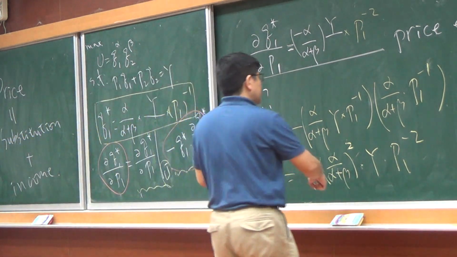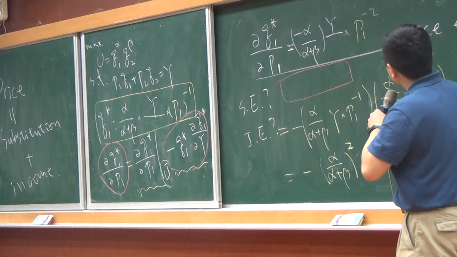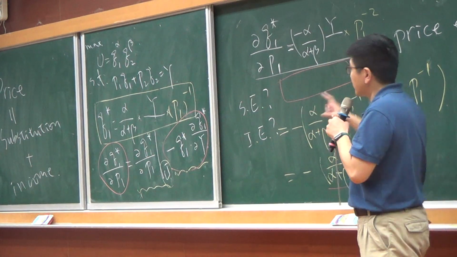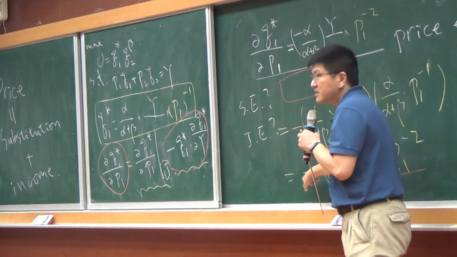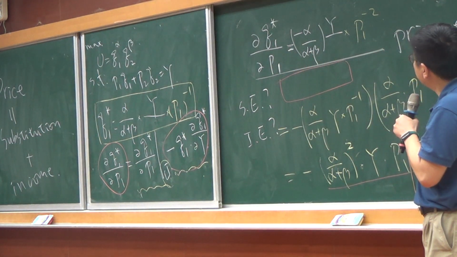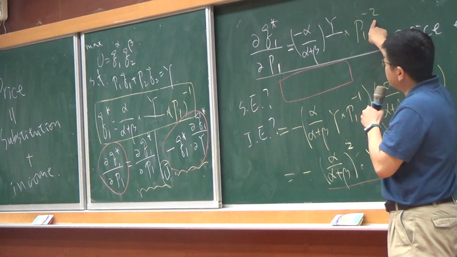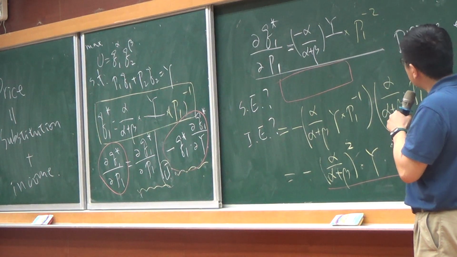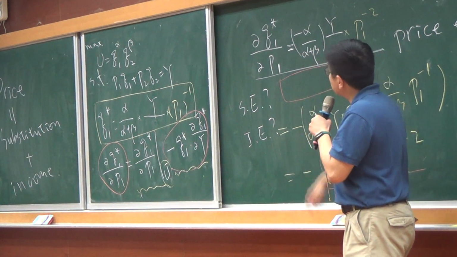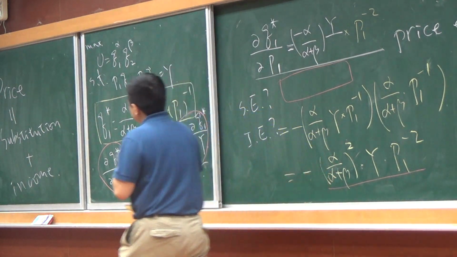So this part would be the sum of this one and this one, because when moved from the right-hand side to the left-hand side, negative would be positive, right? So you just sum them up. So there is a Y, P1 to the negative square, alpha over alpha plus beta, but here we have a negative sign. So the result would be, let me put it here.